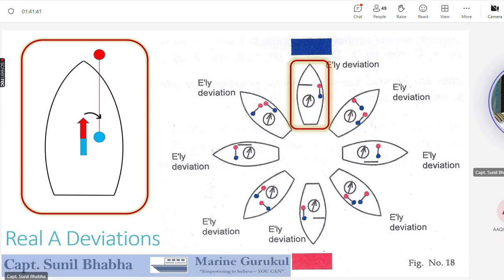But as I told you, this coefficient is generated only if there is an unsymmetrical soft iron. So it is present on the starboard side. It is not present on the port side. Okay, sir. If it's present on the port side, then it will be westerly deviation, correct? Right. If it is present on the port side, then the deviation is going to be westerly.